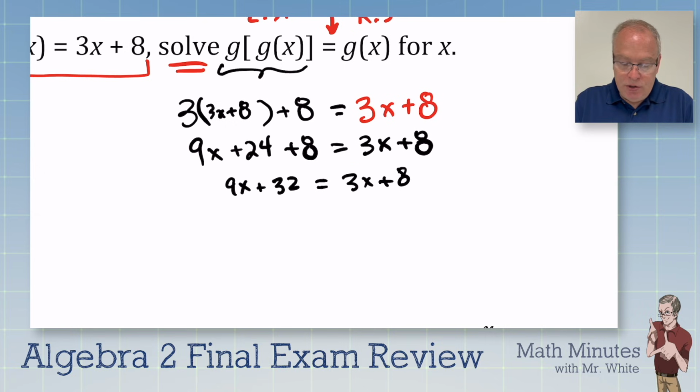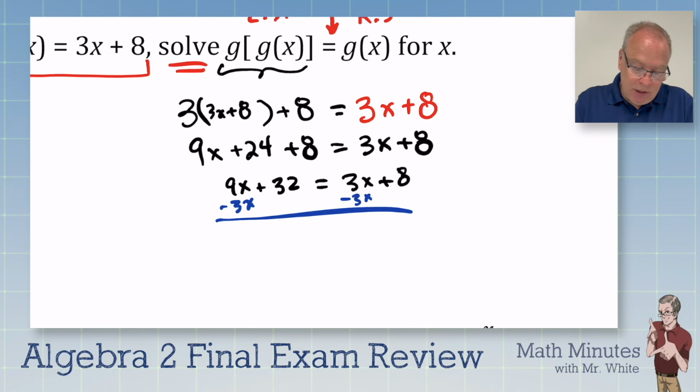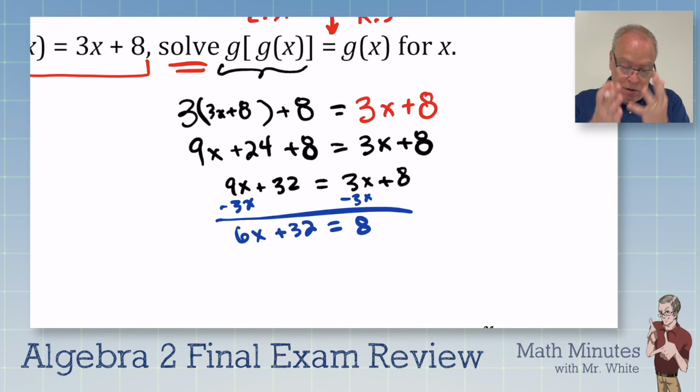I encourage students to always deal with the variables first. It can prevent some silly mistakes. And I like to stay positive. If you know me, I like to stay positive. So I decided to subtract 3x because I saw it would create a positive 6x over here. It's just one less negative sign to deal with.